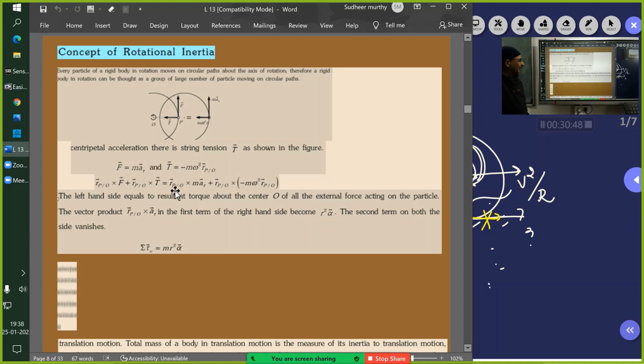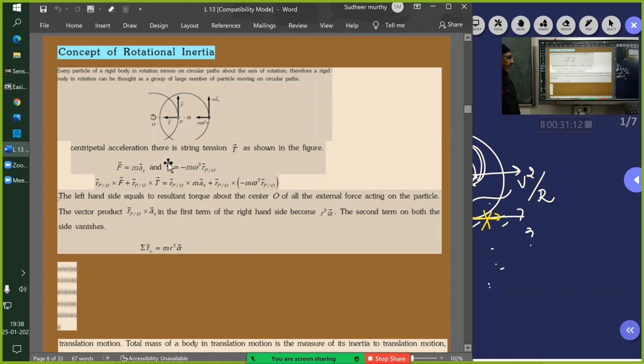Total torque. So we further write this as r bar of P with respect to O cross m a bar t, and r bar of P with respect to O cross m omega square r bar. We write it like this. The left hand side equals the resultant torque about O of all the external forces acting on the particle.